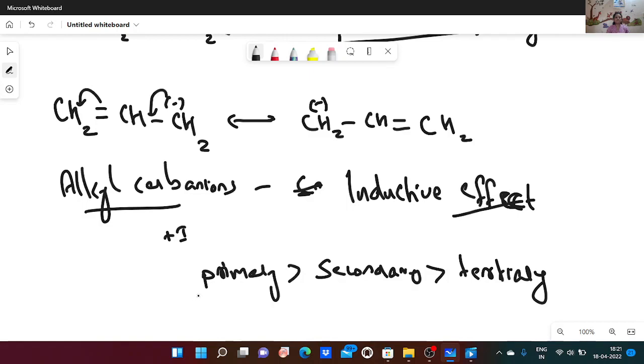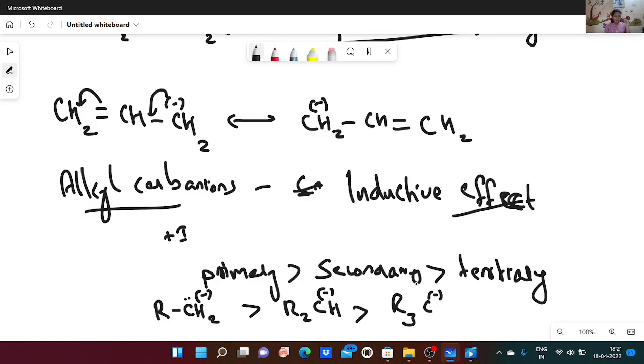But for carbanion it is primary greater than secondary greater than tertiary, or we can write RCH2 minus, which will be more stable than R2CH minus, which is more stable than R3C minus. Okay, so that's about the stability.